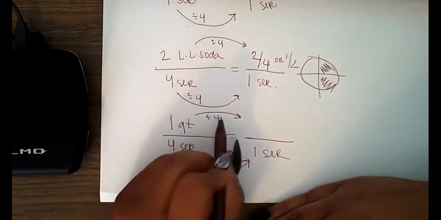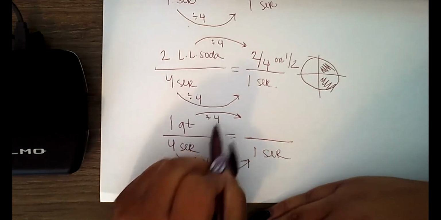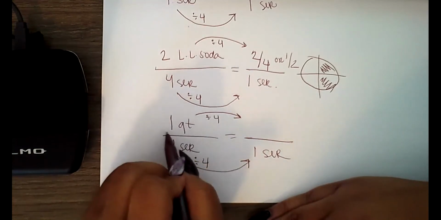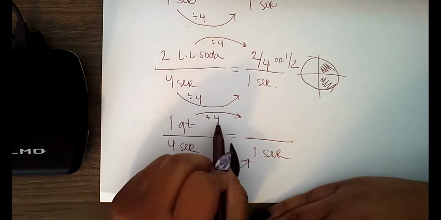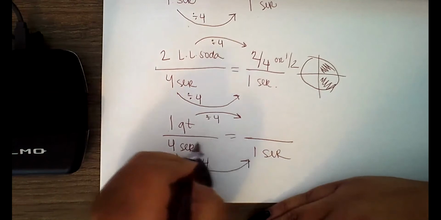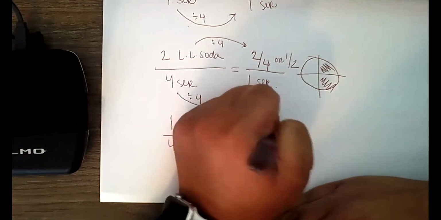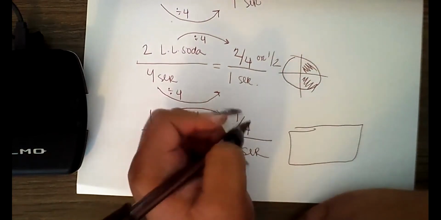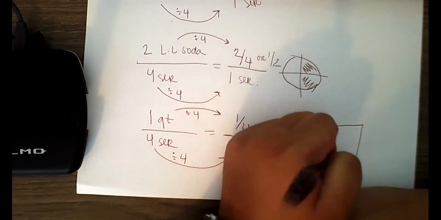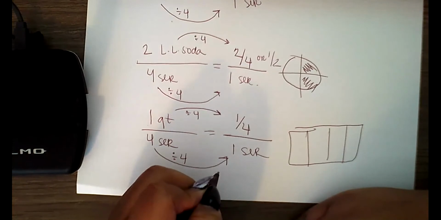Well, 1 divided by 4. Notice how the given number 1 is larger than what I'm dividing by. So my answer will not be greater than 1. So I know that I have 1 divided by 4. If you think about it like money, you have $1 and you want to share it amongst 4 people.